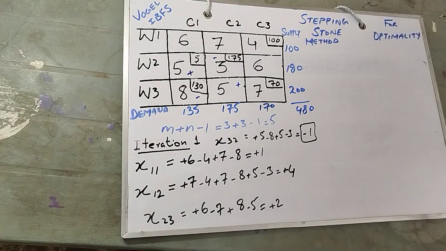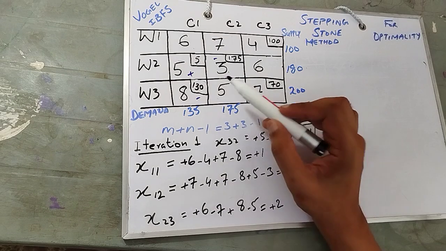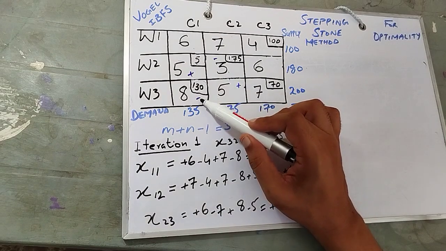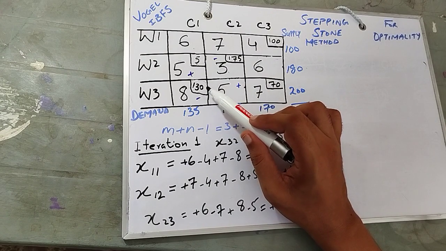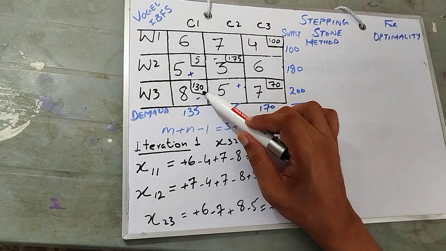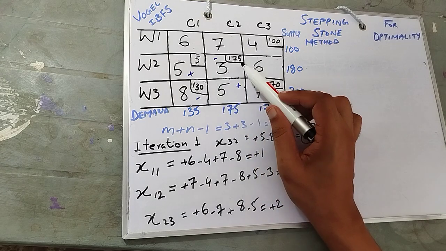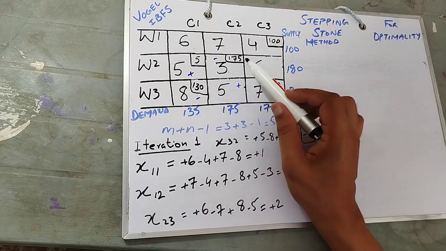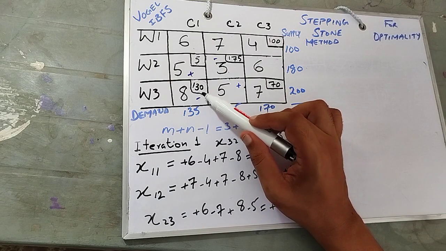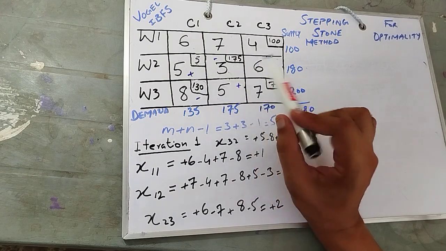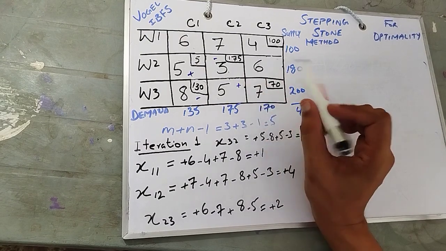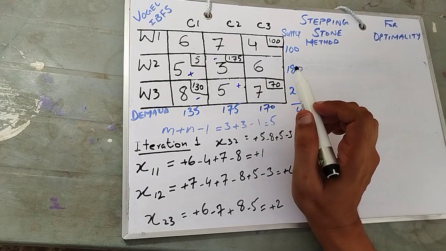So you see in this 130, in the minus 1, we have to look at the allocated values. 130 quantity was allocated over here, 175 quantities. Which one is the least one? 130. So we will minus 130, and we will plus 130 in both.